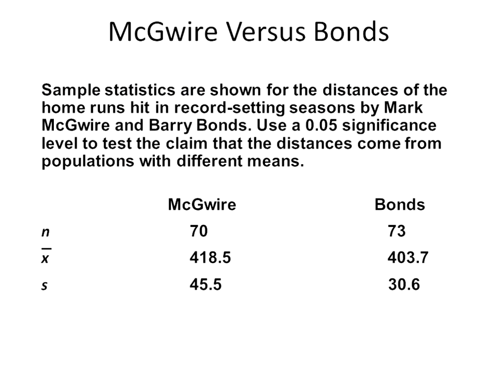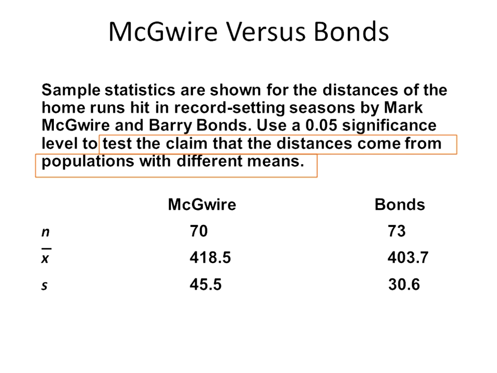All right, so here we have a problem, and we have to test the claim. Here it says test the claim that the distances come from populations with different means. So we have sample statistics for the distances of home runs hit in record-setting seasons by Mark McGwire and Barry Bonds.